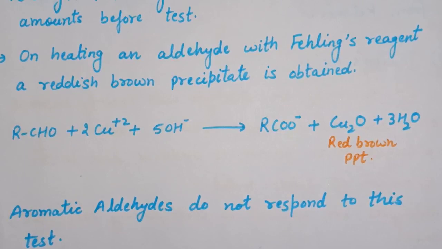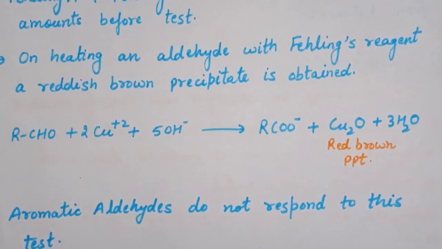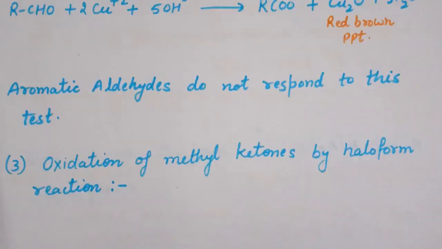Aliphatic and aromatic aldehydes both respond to Tollens test, but in case of Fehling test, aromatic aldehydes do not respond, and ketones do not respond to either test. Next is oxidation of methyl ketones by haloform reaction.